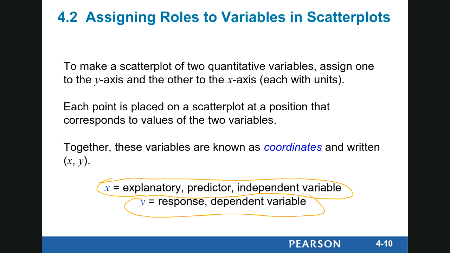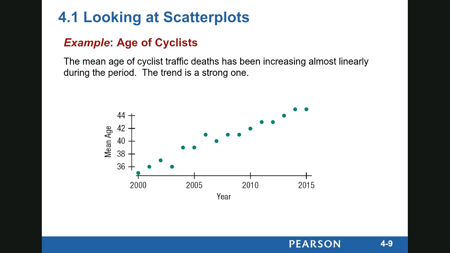So if I go back, let me show you what I'm talking about. If I go back to this slide and I ask you what's the predictor variable, how would you answer? What's the predictor variable? Yes, Diana, you said it's the year, and that the year is predicting the mean age.